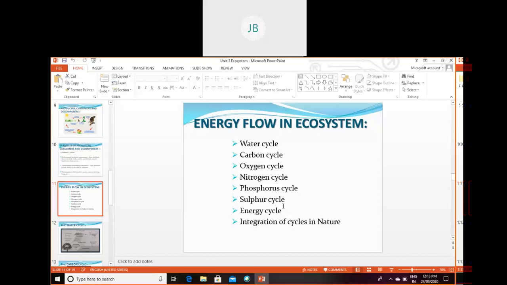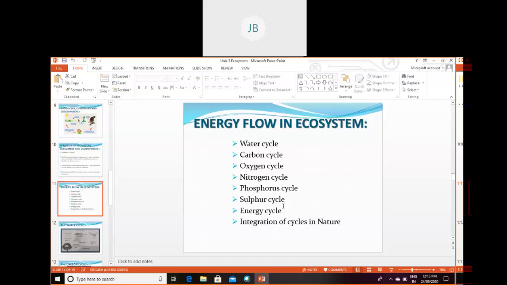Okay, and this interlinked process can be depicted as various cycles, and all these processes depend on the energy from sunlight. The sun is the main source of energy for the earth, and during photosynthesis carbon dioxide is absorbed by the plants and oxygen is released into the atmosphere. We know what happens during photosynthesis: it is the process by which a plant prepares its food.